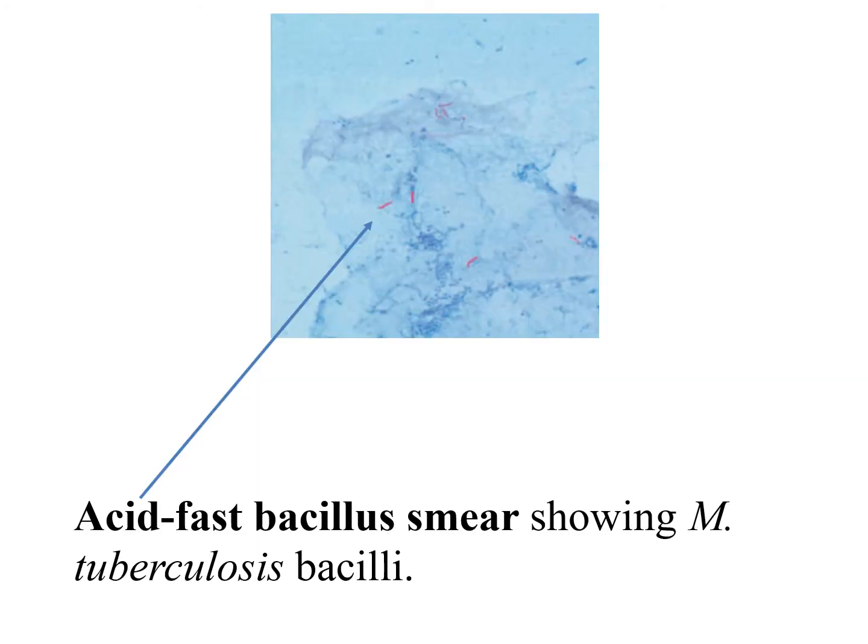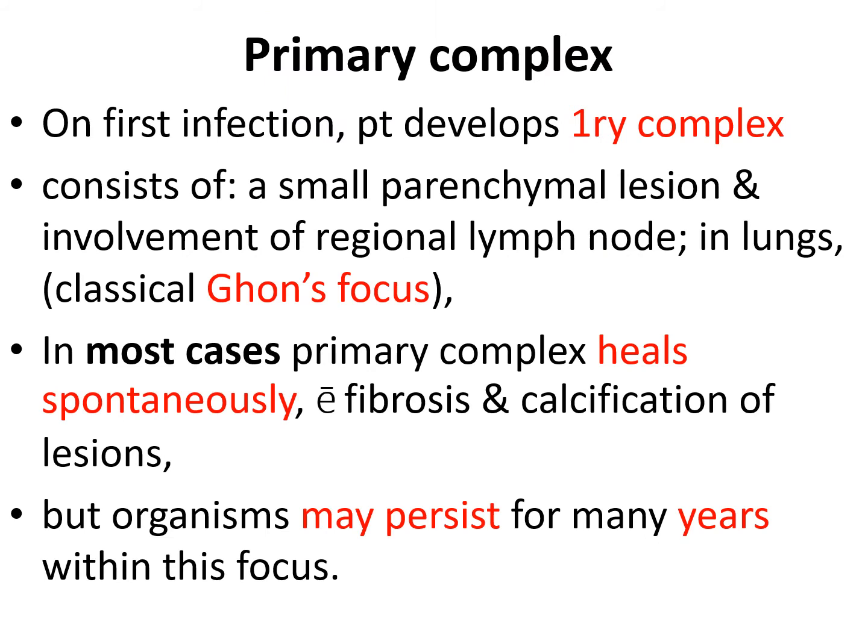This is the acid-fast bacillus smear showing Mycobacterium tuberculosis bacilli in red. Primary complex: on first infection, the patient develops a primary complex consisting of a small parenchymal lesion and involvement of the regional lymph node in the lungs, the classical Ghon's focus.